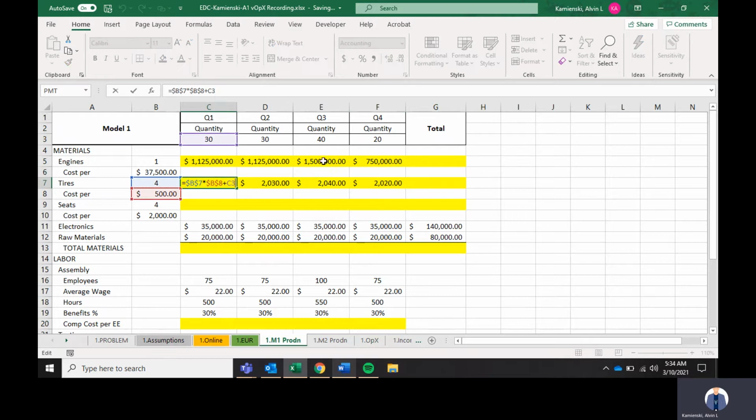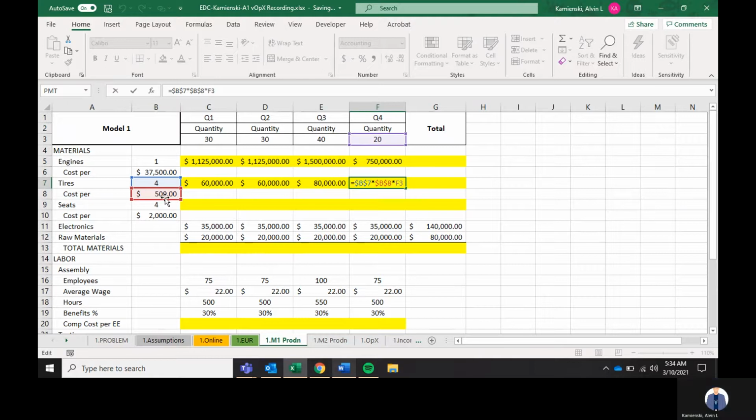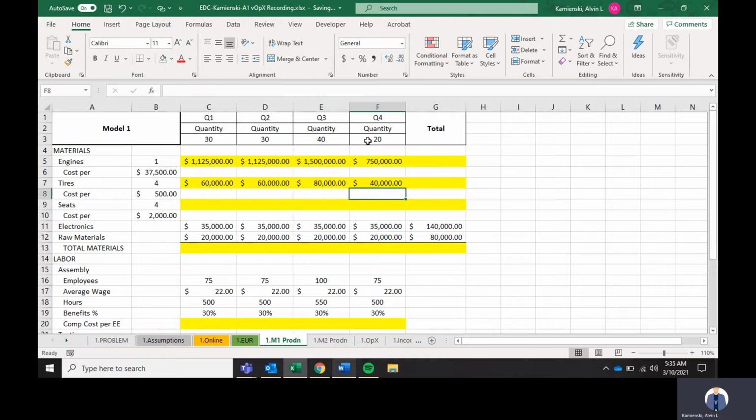Aha, look at what I did. I did plus C3. That's not what I meant the formula to be. It was supposed to be multiplied by C3. My mistake. That makes much more sense, doesn't it? 4 tires, $500 each, $2,000 per car, 20 cars, $40,000. All right, caught that error before it got too far.